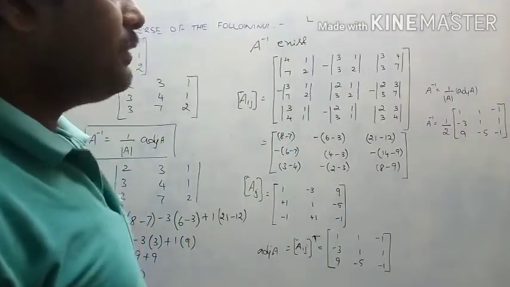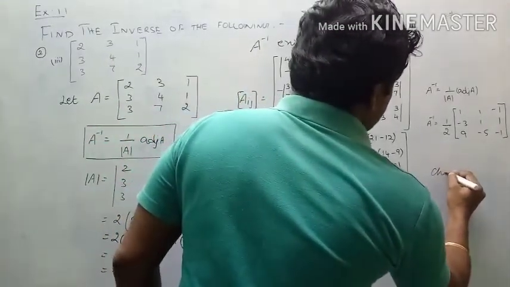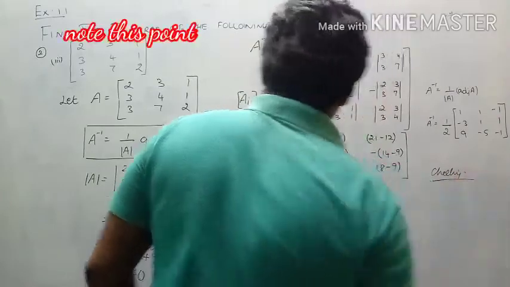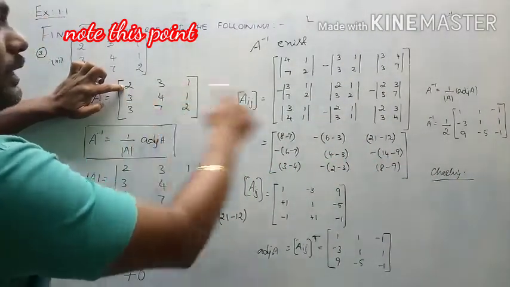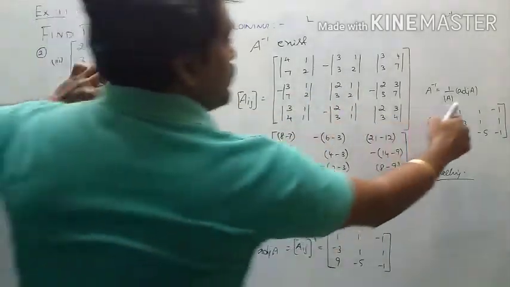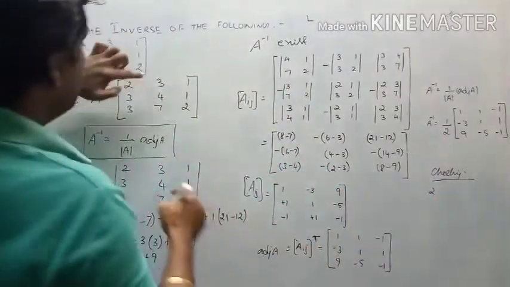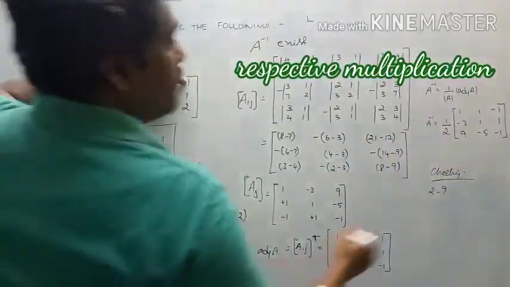Now we are going to verify whether the answer is correct or not. How to verify? The checking process. Just multiply the first row from A and first column from A inverse. 2, 1. 2 ones are 2. 3 minus 3. It will be minus 9. 1 into 9.